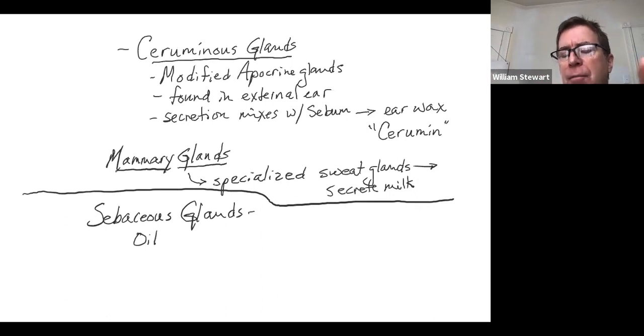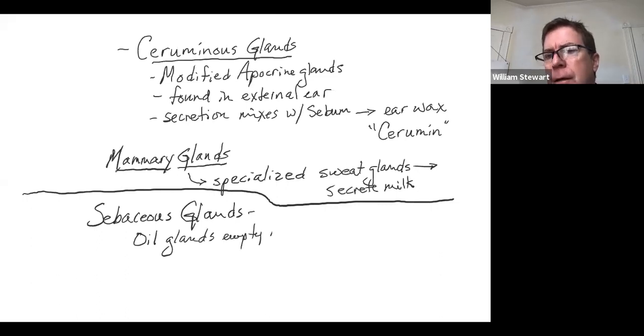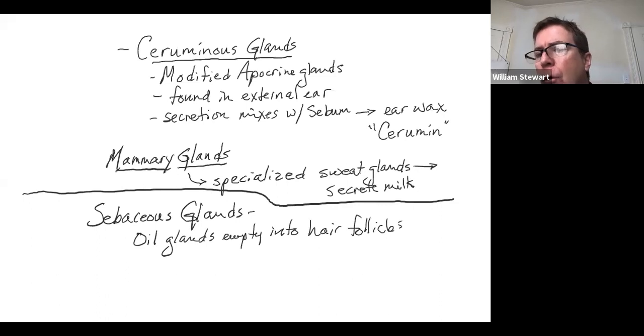I drew them in my previous lecture, a sebaceous gland associated with hair follicles, but these are oil glands that empty into hair follicles or directly onto the skin surface.